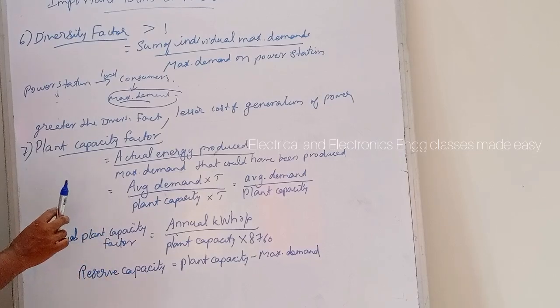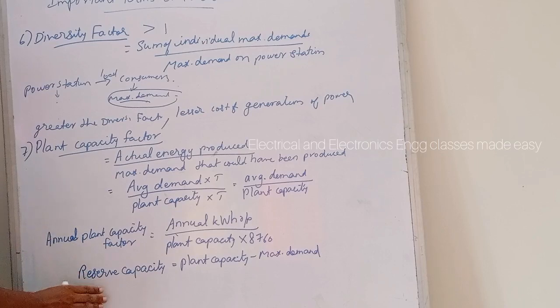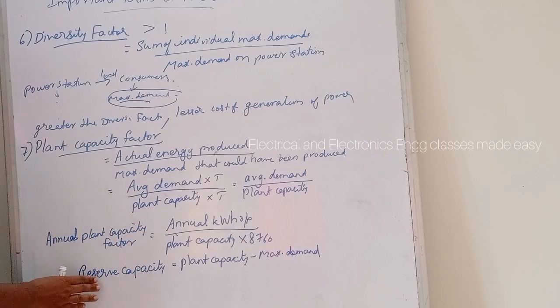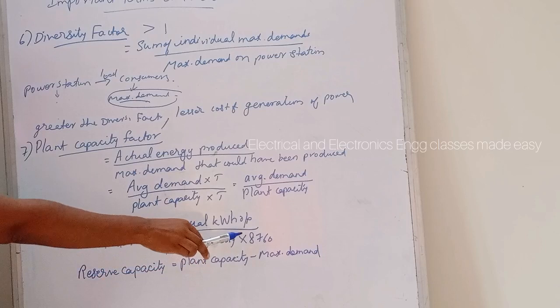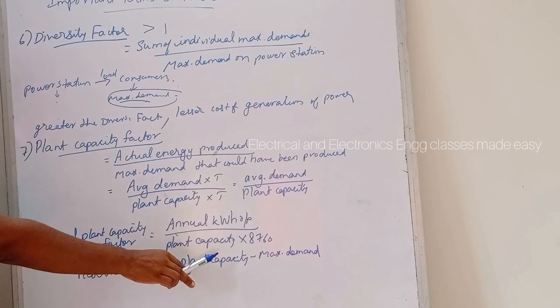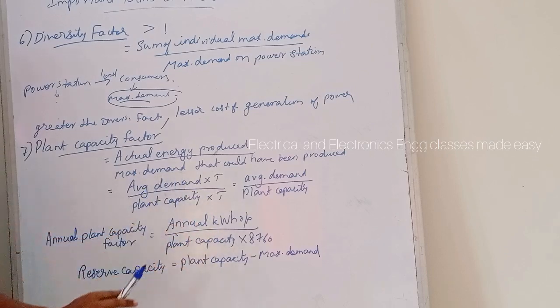A power station is so designed that it has some reserve capacity for meeting the increased load demand in future. Therefore, the installed capacity of the plant is always somewhat greater than the maximum demand on the plant. So we can write reserve capacity is equal to planned capacity minus maximum demand.